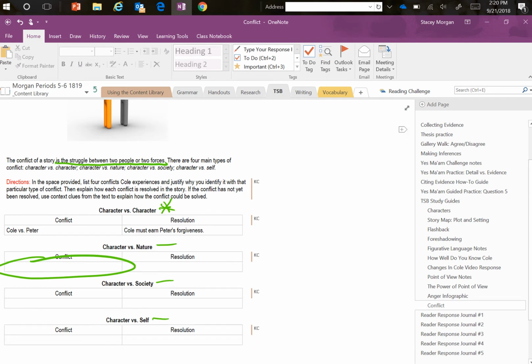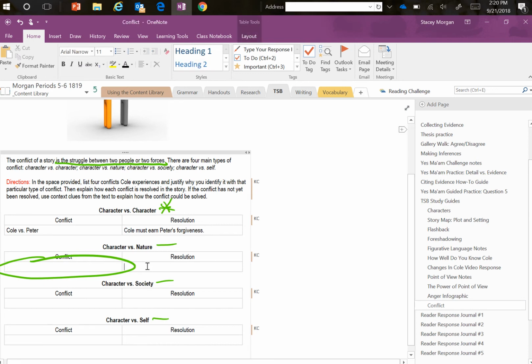And then the resolution. Cole has actually started to learn this already, but to resolve Cole's conflict with nature, Cole has to learn to live within nature's rules.